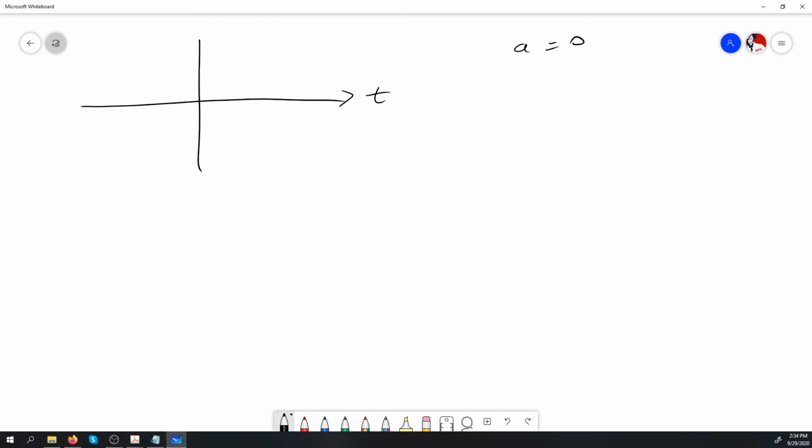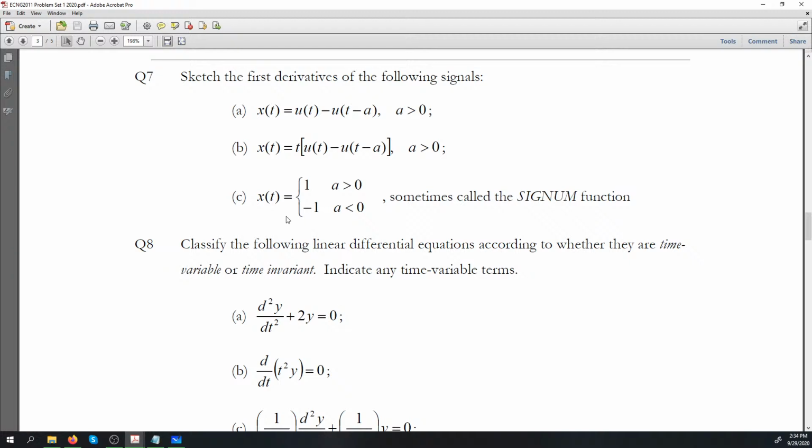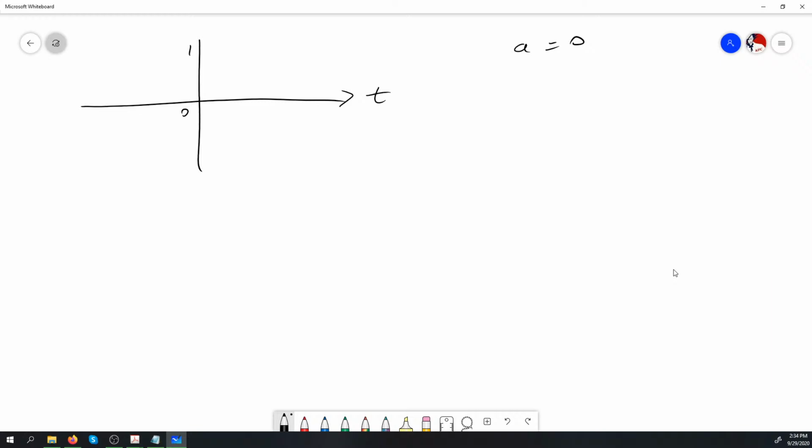Let's say a was equal to 0. And our equation here was that it needs to be 1 for a more than 0 and negative 1 for a less than 0. One here and negative 1.